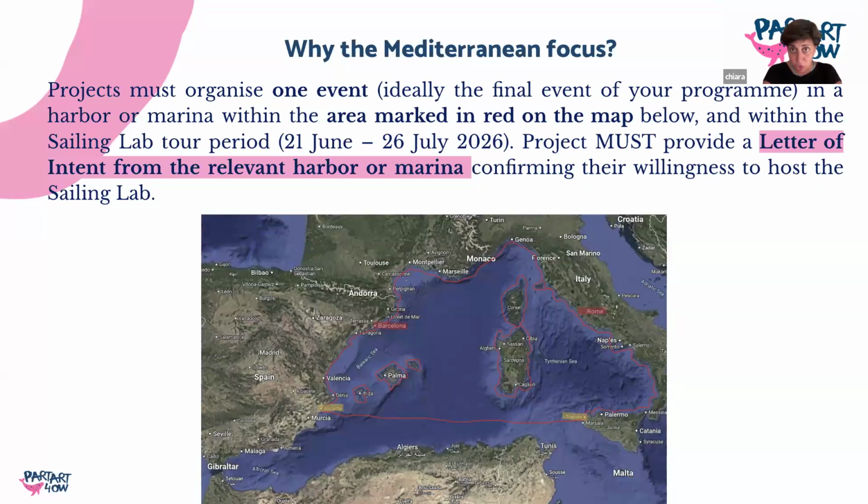Please pay attention and read very carefully. This is why we use the term study the guidelines, and read very carefully also the annexes, including the annex that you will need to have signed by the harbor authority, because there are some specific conditions and not all the harbors in the selected area may comply with these conditions.